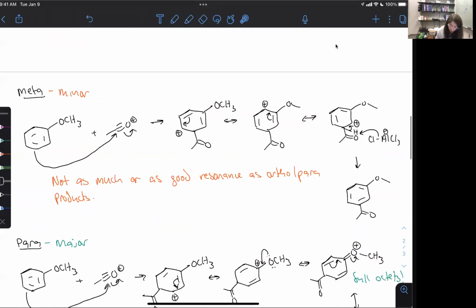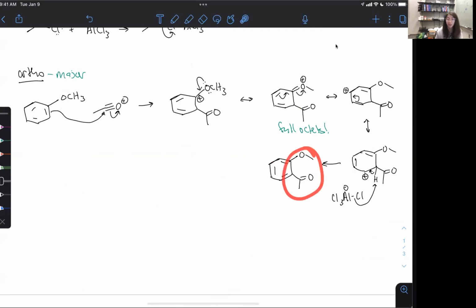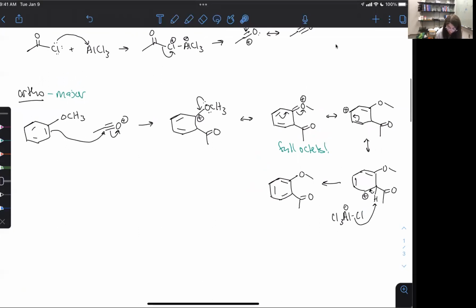So you can imagine in the ortho, if we start to see any kind of steric repulsion, it's just going to be easier for it to approach from the para position, just to avoid any steric interactions. But you're going to end up seeing ortho and para in most cases. But there are things that you can do to kind of rig the game a little bit.